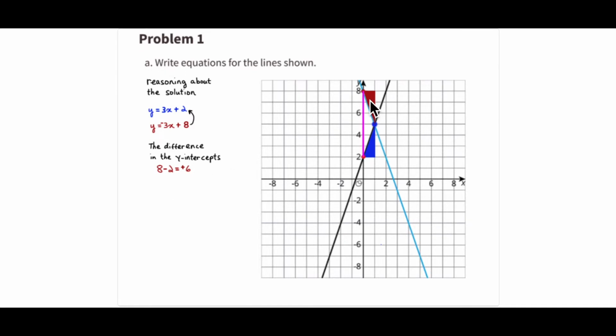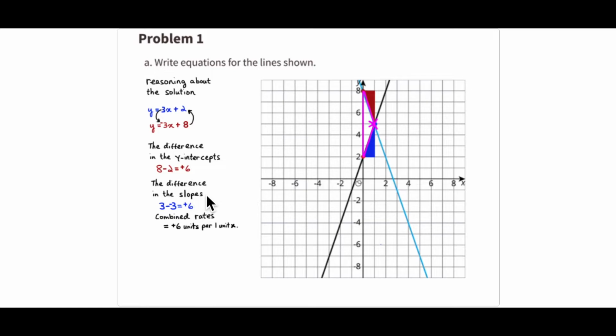And what happens is that 6 unit gap has to close. It has to come together to intersect somewhere. And so the idea is to figure out at what unit along the x-axis that intersection takes place. Well, that's based on the rates. How quickly are these two graphs moving together?